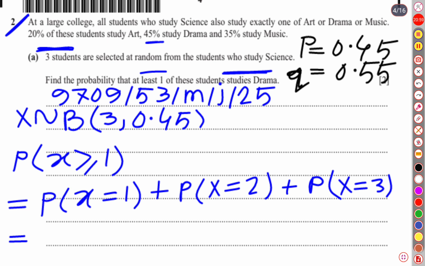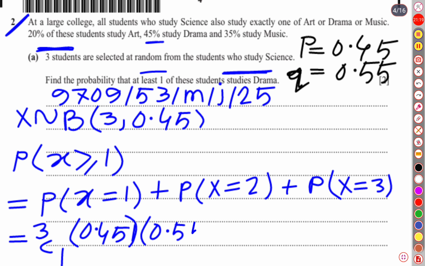When only one student takes drama, we write out of 3 we choose 1, and for taking drama the probability is 0.45, only one person. That means the rest 2 are not taking, so for not taking the probability is 0.55, raised to 2. Then the second probability is for 2 students: out of 3, 2 students have taken drama.